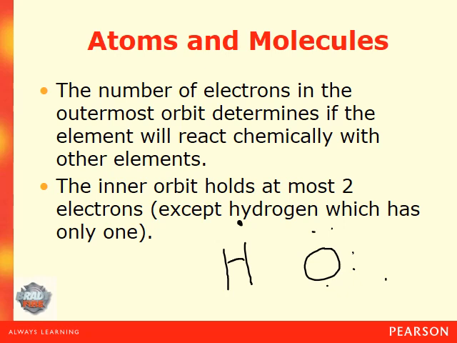When it bonds, hydrogen wants to bond with everybody, and all elements want to have a full outer shell. So oxygen actually has spots for 2 more hydrogen.